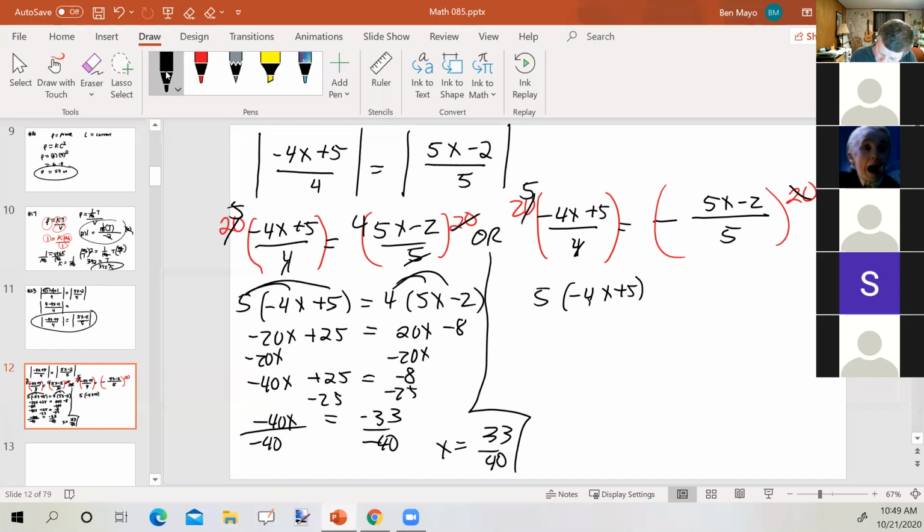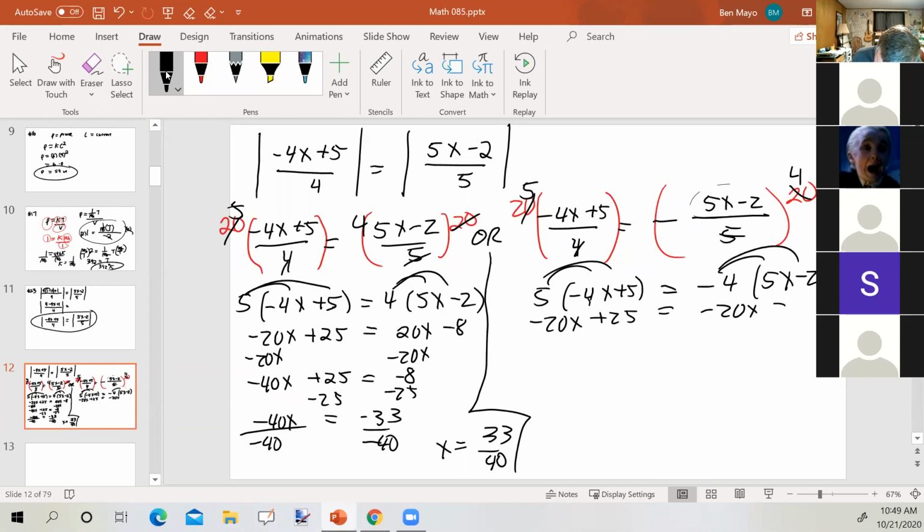On the right, 20 over 5 is 4, so I have, now I got to be careful here, this minus sign gets attached to the whole thing, so I'm going to go minus 4 times the 5x minus 2. Are you okay with what I just did there? All right. So now I've got negative 20x plus 25 equals negative 20x plus 8.